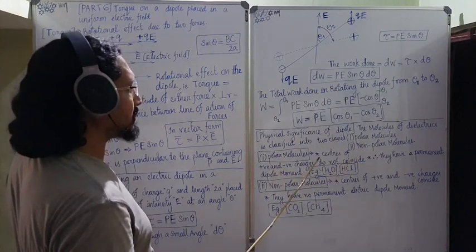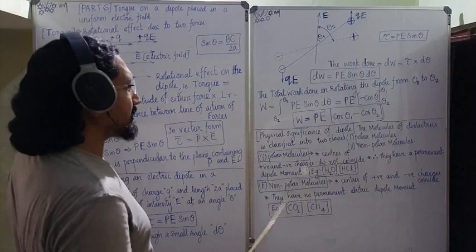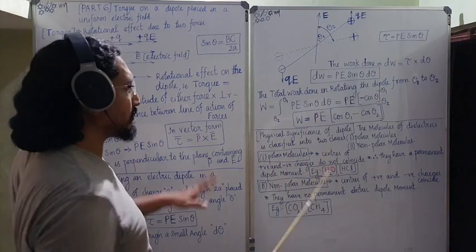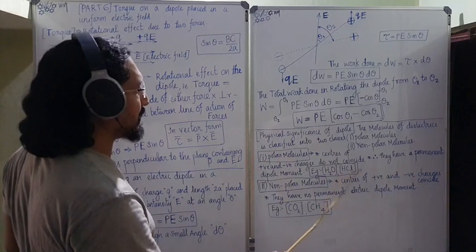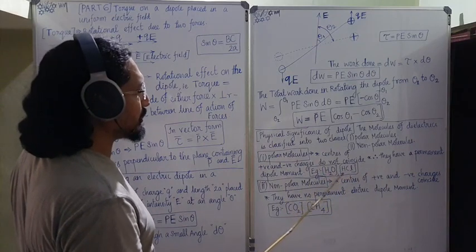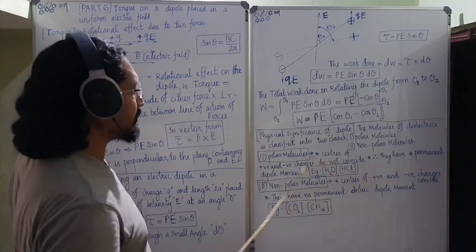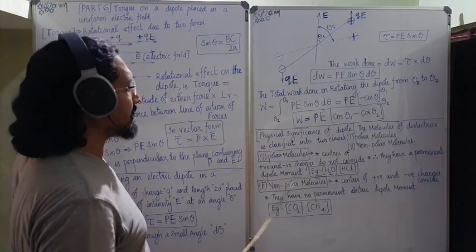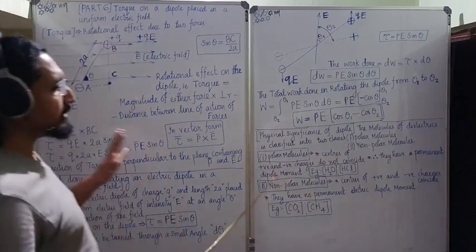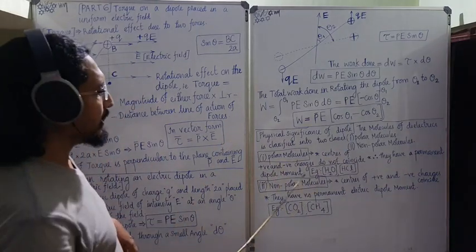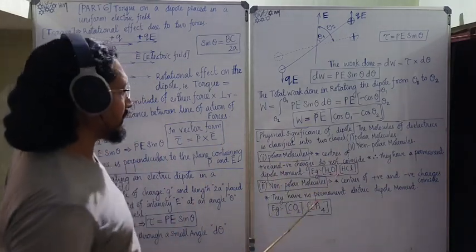Polar molecules have the centers of positive and negative charge placed away from each other, like H plus and Cl minus, and H2 and O. The centers of positive and negative charges never coincide. Polar molecules have a permanent dipole moment. Examples are water and HCl.